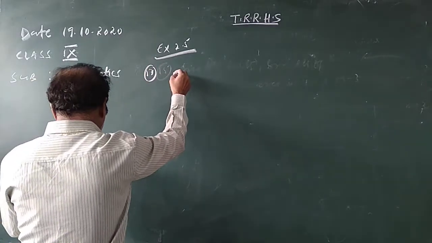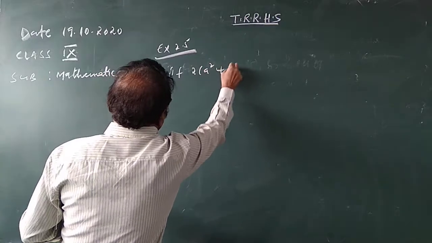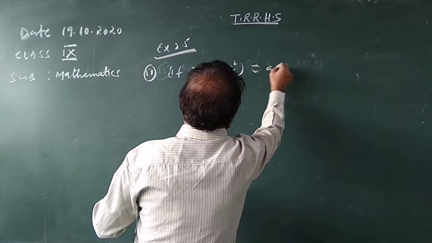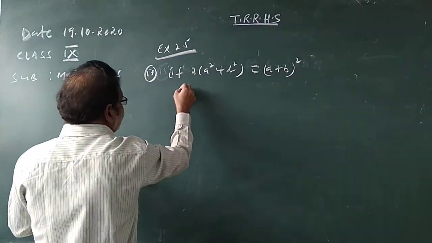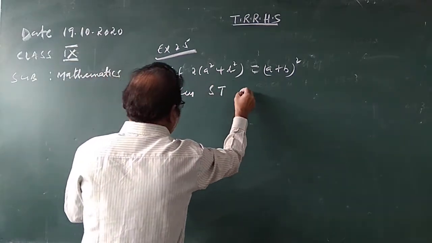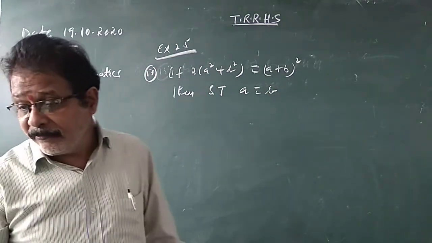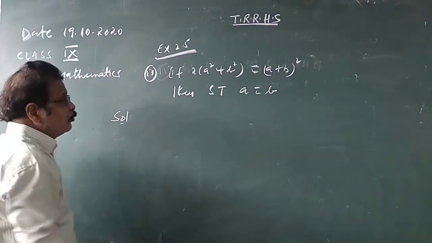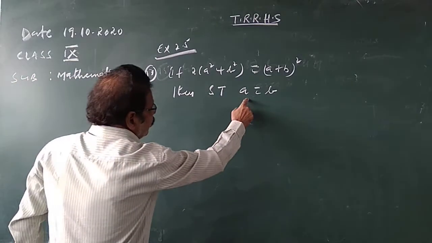If 2 into a square plus b square is equal to a plus b whole square, then show that a equal to b. We have to prove that a equal to b.